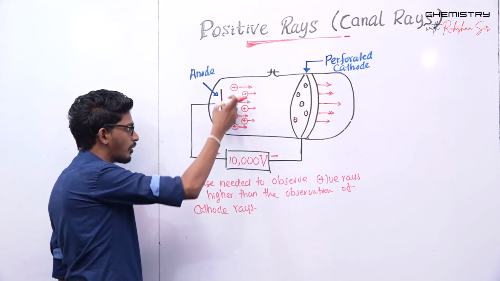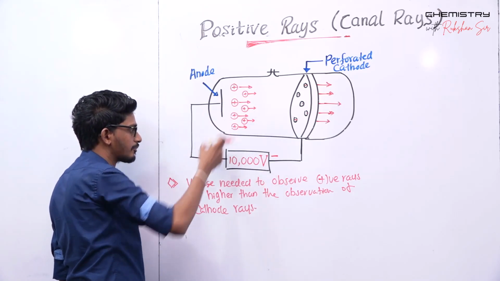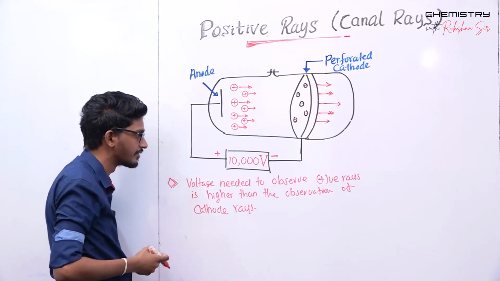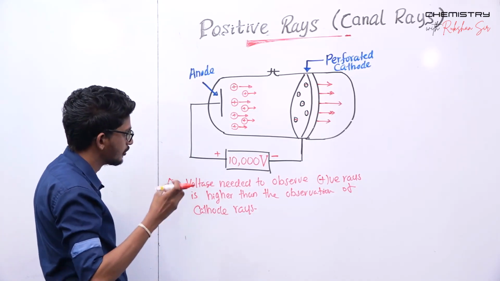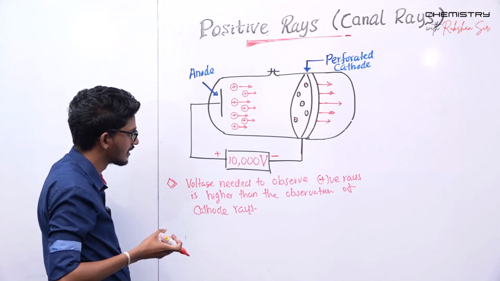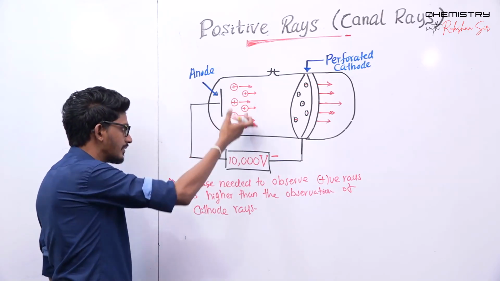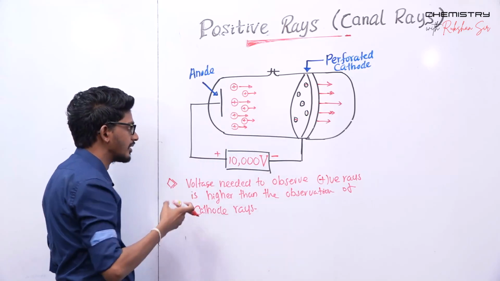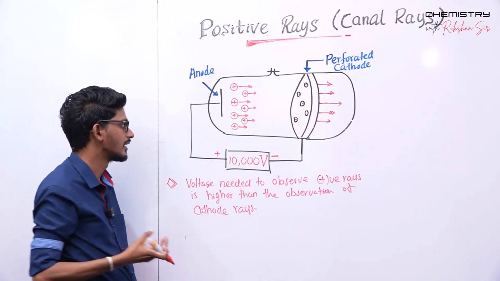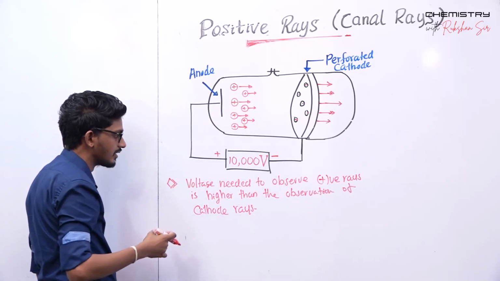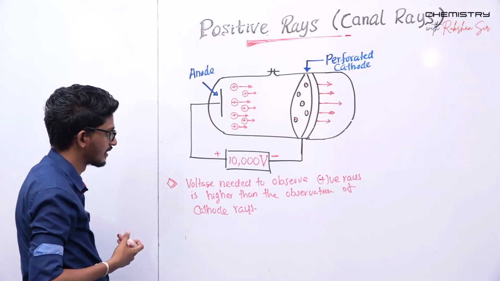So these are positively charged gas particles, positively charged ions. As those are positively charged ions, they have a greater mass than the electrons. Positively charged ions means they have protons and neutrons as well, so their masses are greater than the masses of electrons.